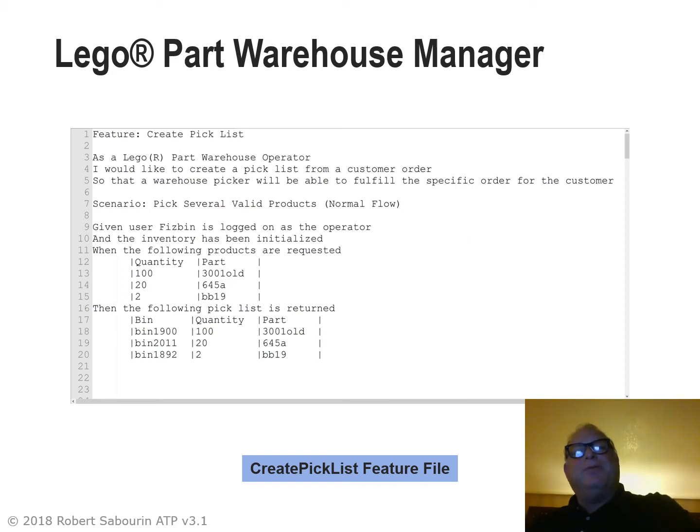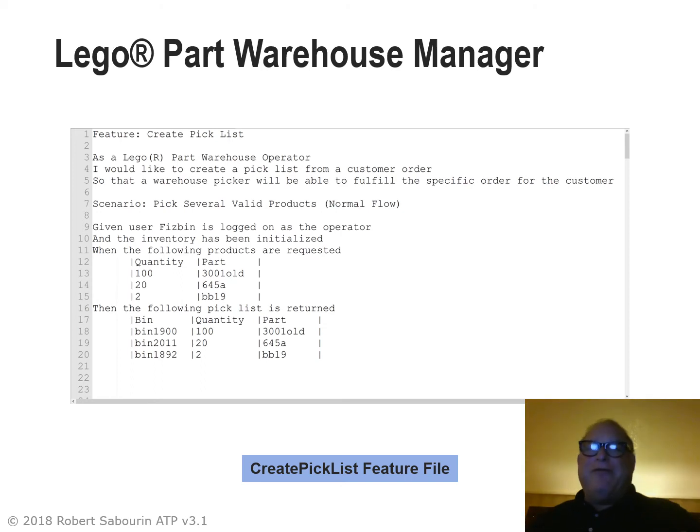Given the user, Fizbin, is logged in as the operator. That's the precondition. And the inventory has been initialized. That's the precondition. When the following products are requested, and there's a table listing quantity and parts for a few products. So given, when, that's the trigger.